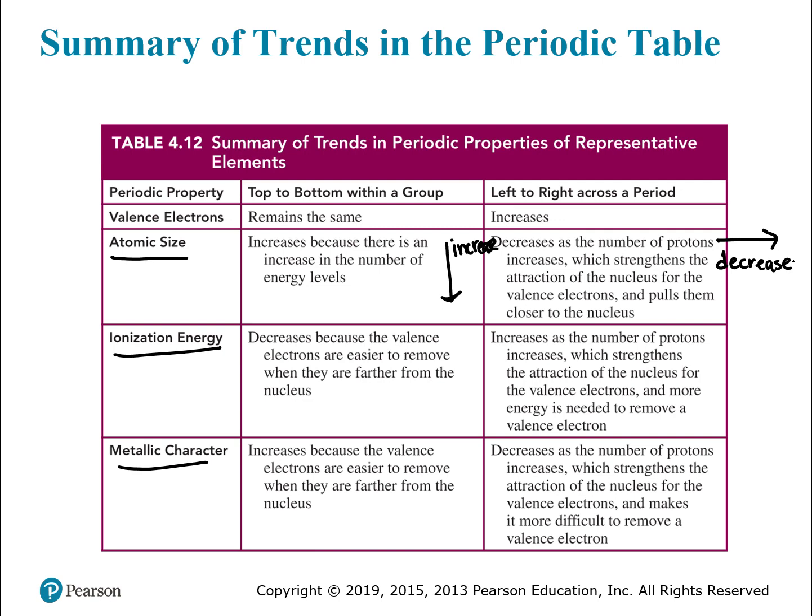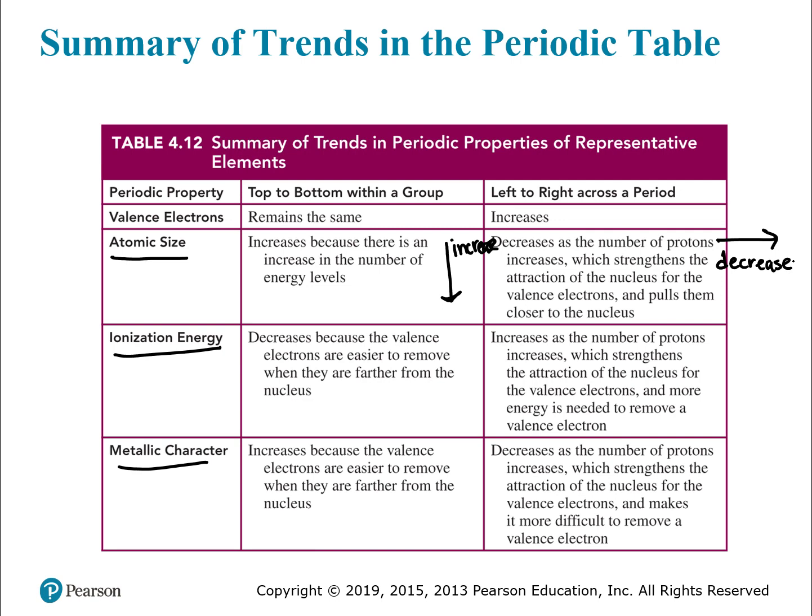And as you get bigger energy levels, your electrons are further and further away from the nucleus. So that's why your atomic size increases as you go down a group. As you go across a period, you're adding protons and electrons, but you're not making your energy level any bigger.